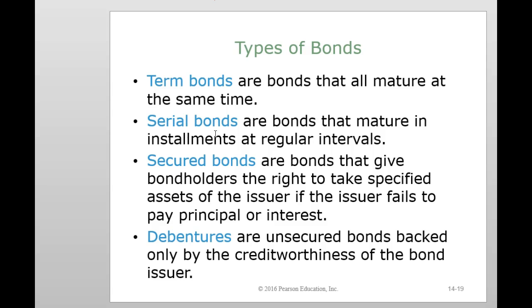And boy, that's a tough one for me for some reason. A debenture bond is an unsecured bond that's only backed up by the creditworthiness of the company who's issuing the bonds. And you'll see those a lot as long as the company has a really good credit rating.